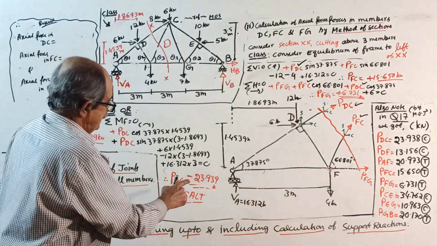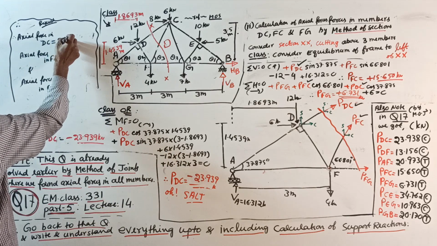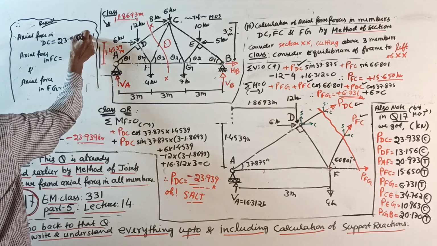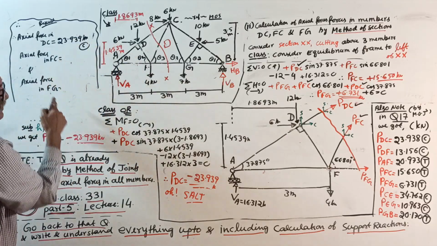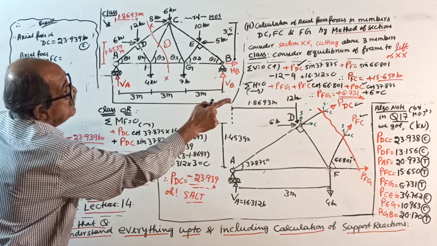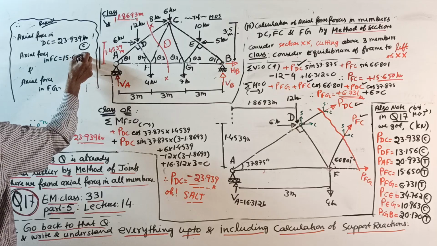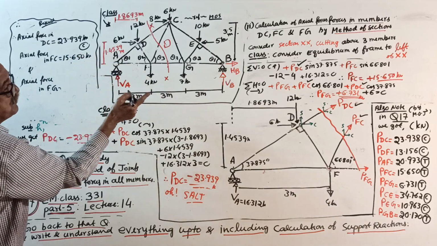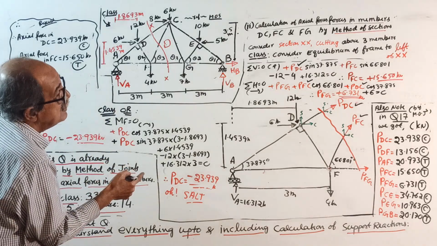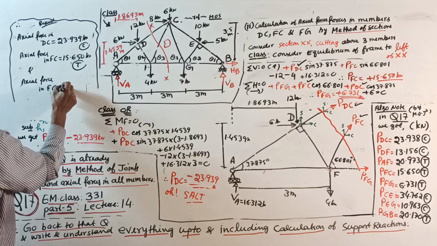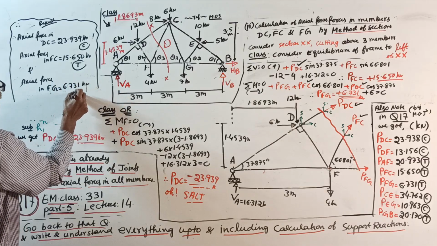DC is here, 23.939 kilonewton. No minus sign, negative sign came, compression. FC is 15.650 kilonewton, came positive, tension. FG came 6.731 kilonewton, tension, positive.